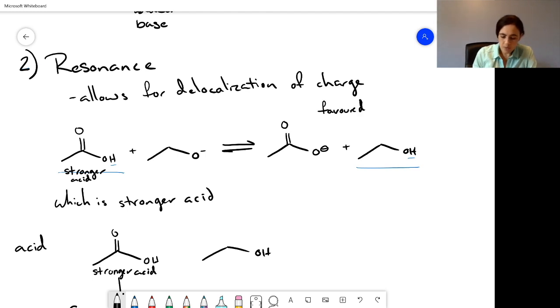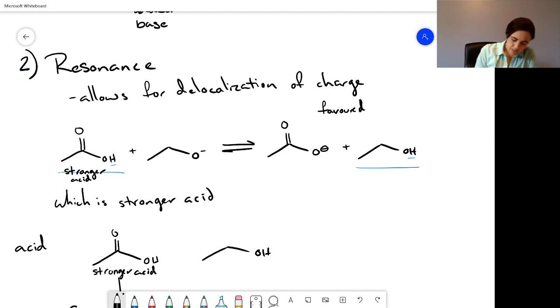And therefore, you will have more of the protonated carboxylate or protonated alcohol and the formation of our carboxylate. So most of the atoms will sit, so the alcohol and the carboxylate in this solution.